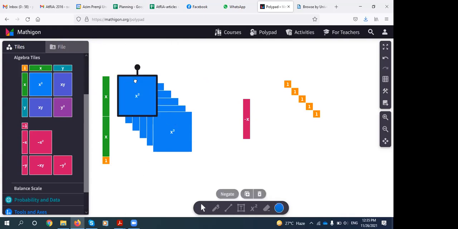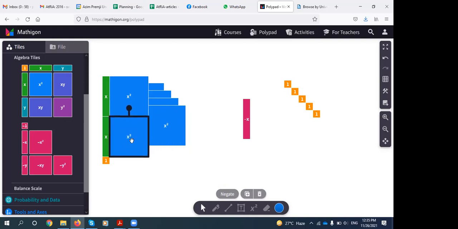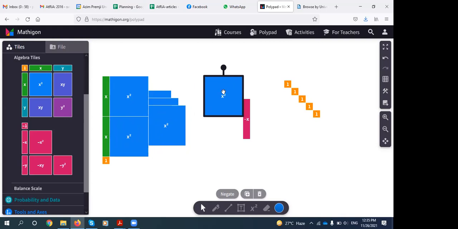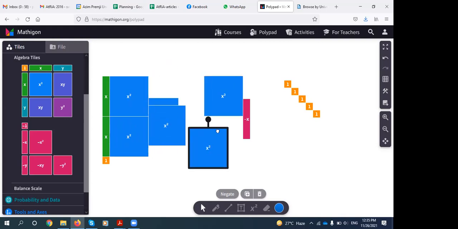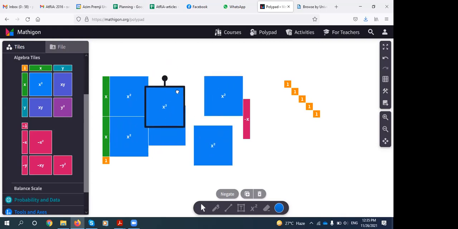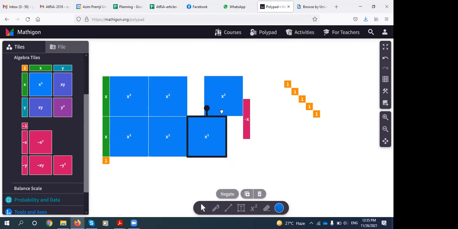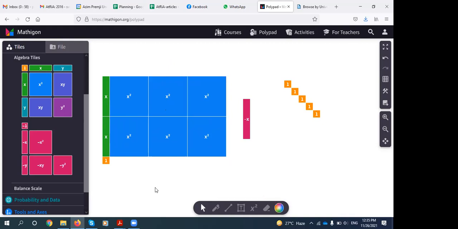Let's align these things first. So we are done with the x squares. Correspondingly, what will come on top?